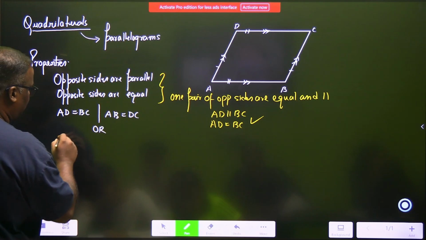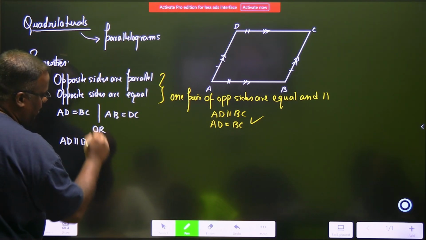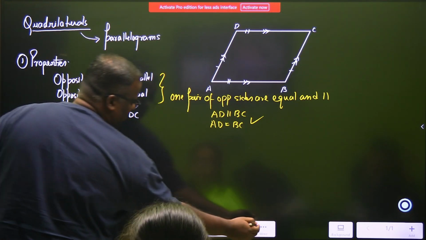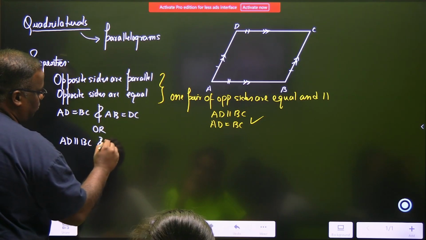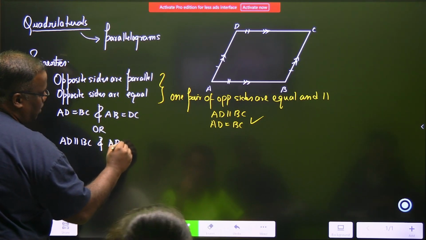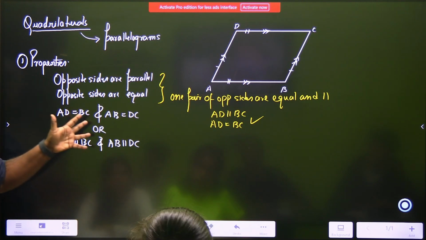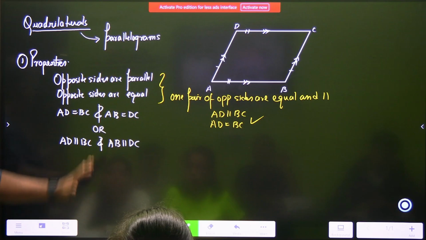Or you can prove AD parallel to BC, and also you have to prove AB parallel to DC. Understand this first: either go this way or play with just one pair. Both will work. Is this much understood?